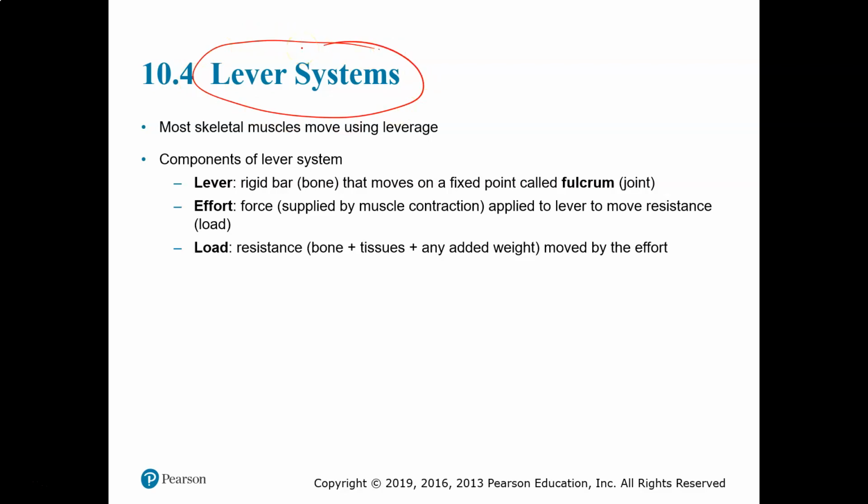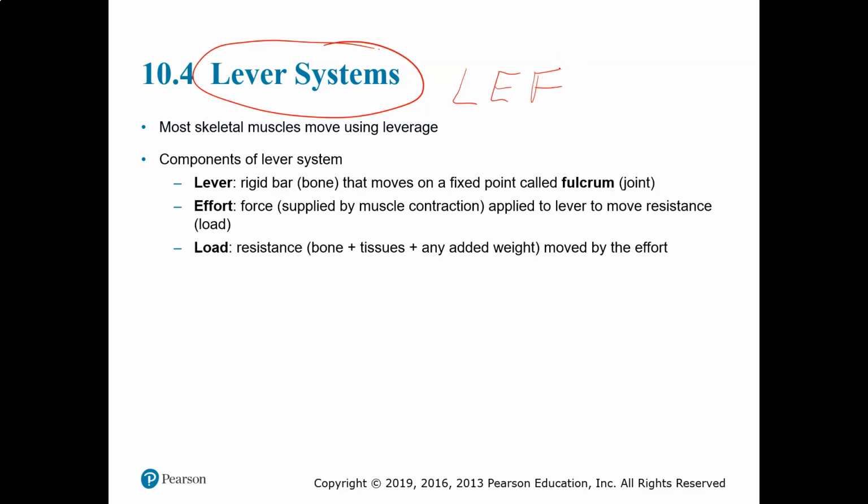Okay, now skeletal muscles are arranged with the bones that they're attached to into lever systems. And I want you to start understanding what the lever is, the effort, and the load, because you're going to learn arrangements of lever systems. You can have the lever with the effort in the middle between the lever and the fulcrum.